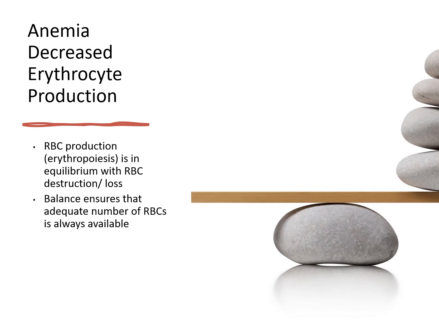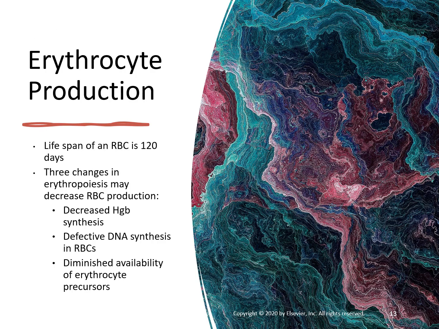So there should be a balance. Three changes that can decrease the RBC production are decreased hemoglobin synthesis, defective DNA synthesis, and diminished availability of erythrocyte precursors. So maybe the kidneys are not producing enough erythropoietin so that the body can produce red blood cells.